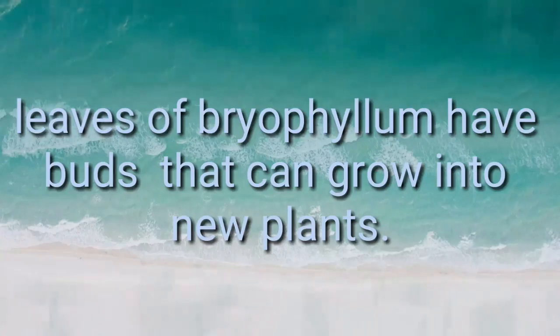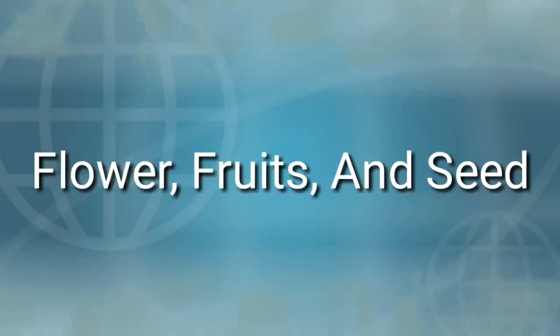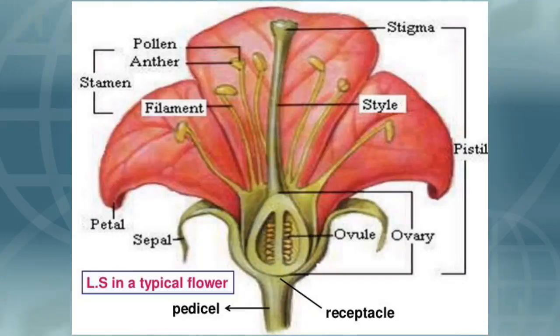Now our next topic is flowers, fruits and seeds. A flower is the reproductive organ of the plant. Let's learn one by one each part of a flower.